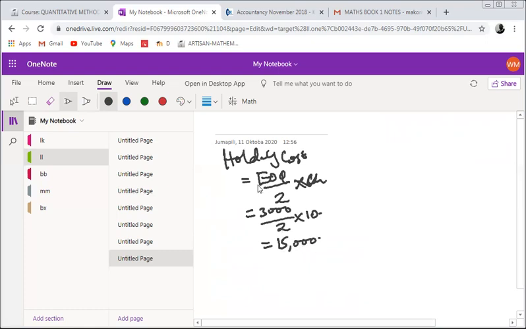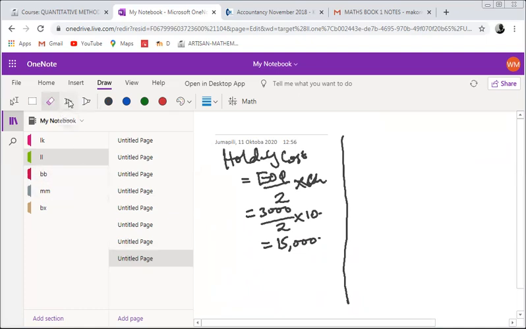That is how we get holding cost. It is EOQ over 2. Once you have the EOQ, you divide by 2, then you multiply by the holding cost per unit per annum. Then you are also asked to calculate the annual ordering cost.